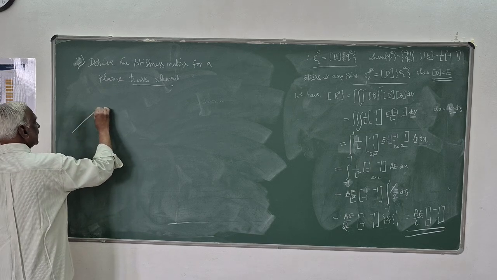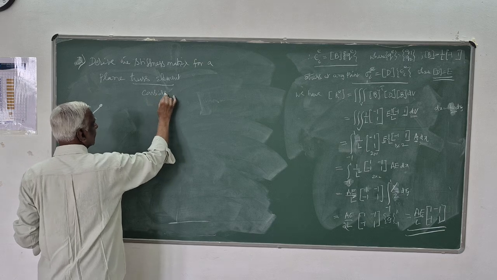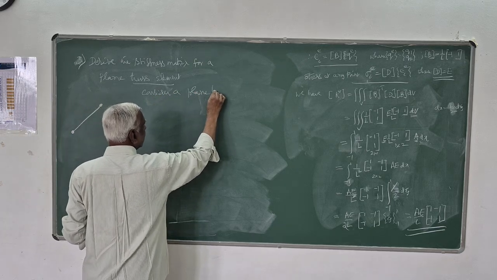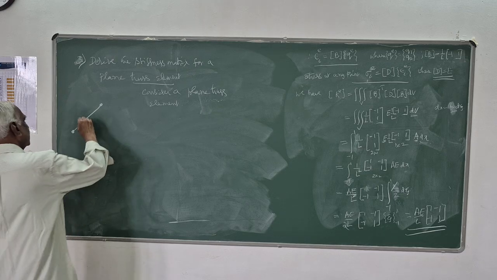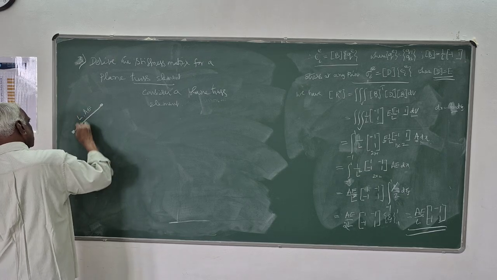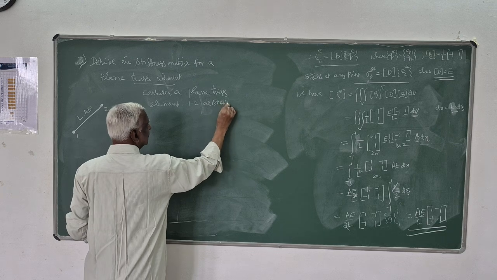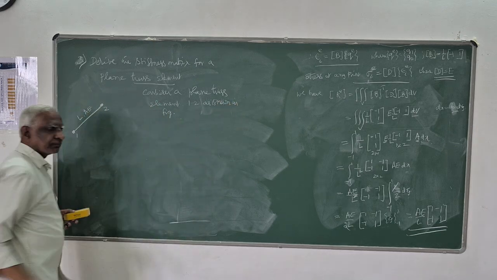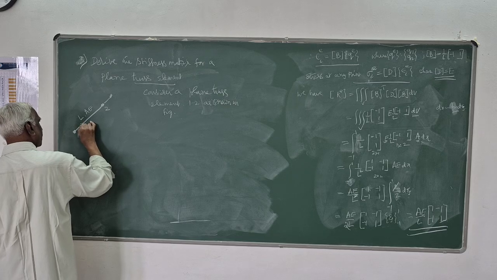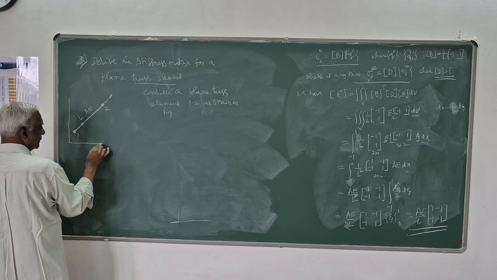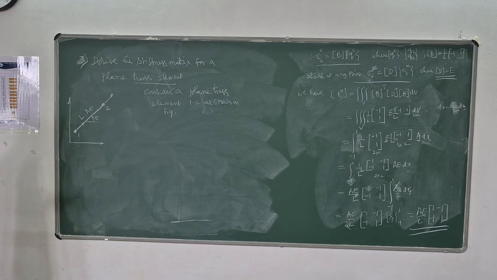So you consider a typical plane truss element, with nodes 1, 2 as shown in the figure, in local coordinates as well as in global coordinates. It is inclined at an angle theta in the counterclockwise direction.